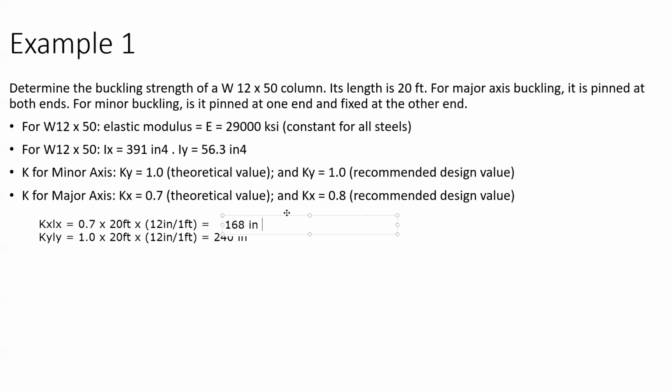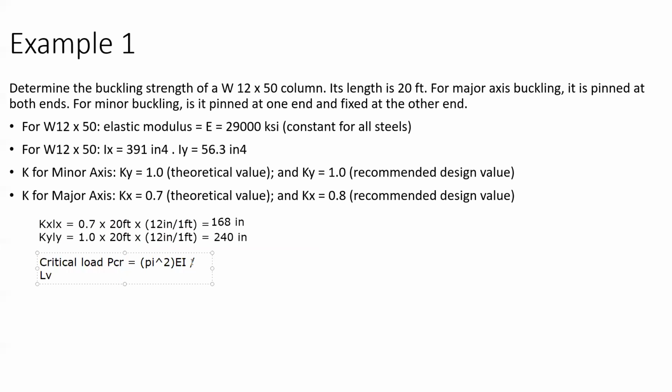Okay. And then from there on, ilagay lang natin ito sa ating formula for critical load. So we have critical load. So that is now Pcr is equal to pi squared times EI over our effective length.